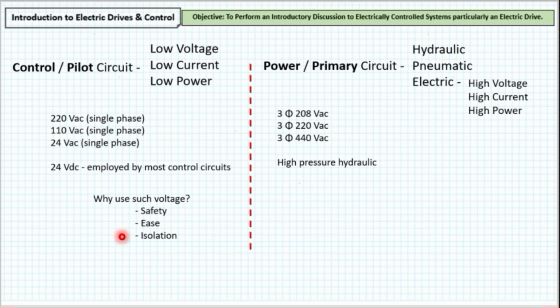Especially 24 volts DC. Yung power and primary circuit naman natin, of course, employs high voltage, high current, and high power. So usually 3-phase siya. Might be 208 volts AC, 220 volts AC, 440. Minsan meron pang 560. Okay, so, and of course, high pressure hydraulic. And pneumatic din naman. So, yun yung ating power circuit.